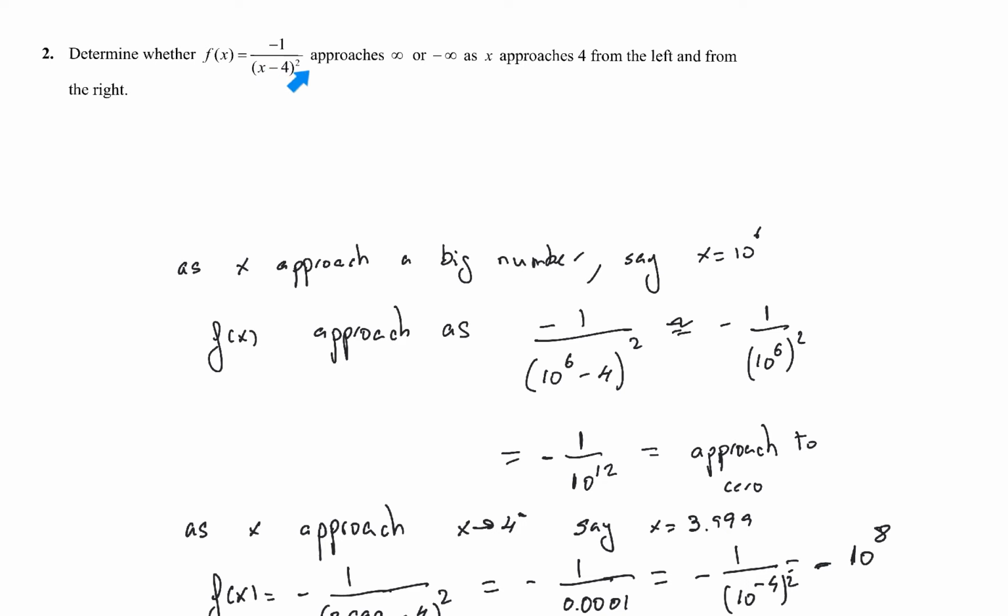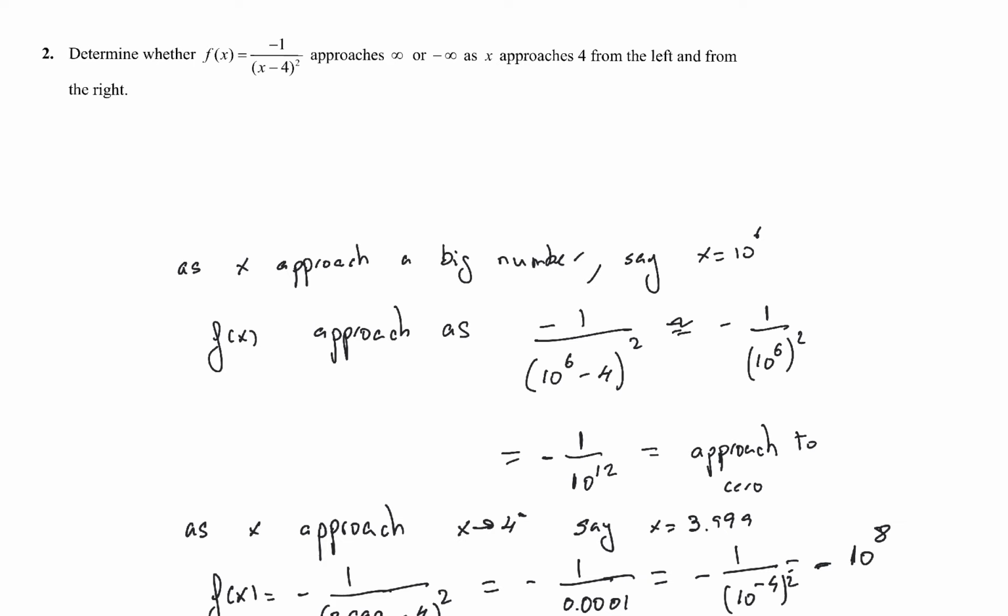So the denominator will always be positive. The numerator is negative, so the quotient will be negative. So it should approach minus infinity. Let's use the concept of the limit. If I approach the number 4 from the left or from the right, it will be the same.